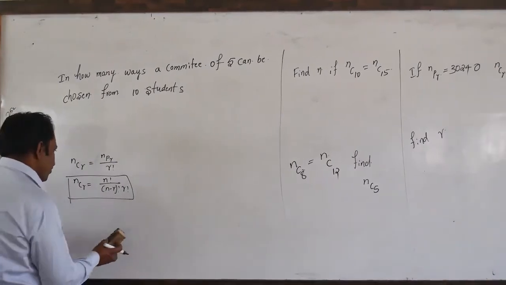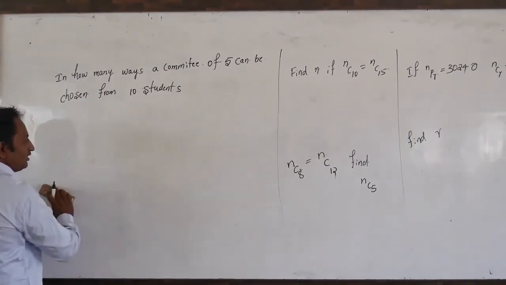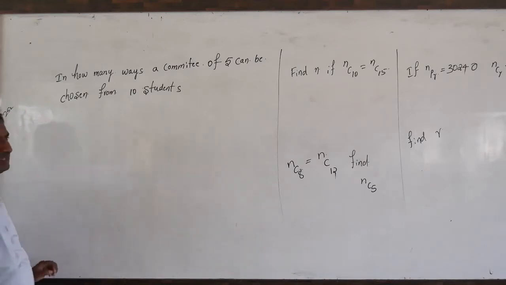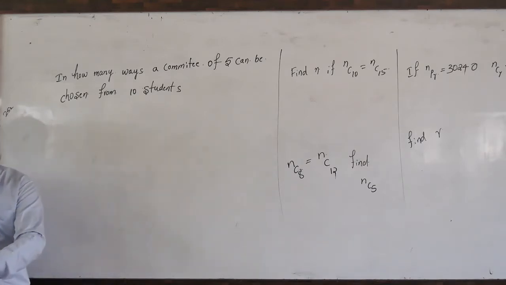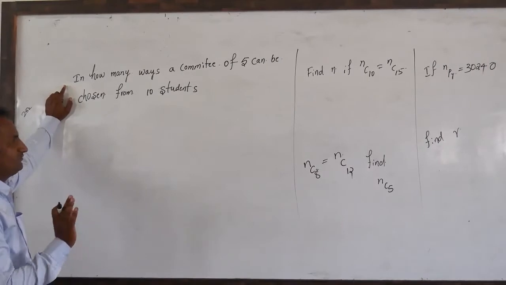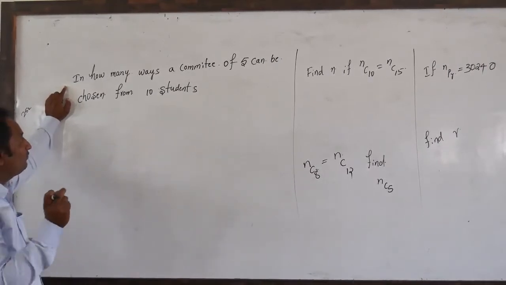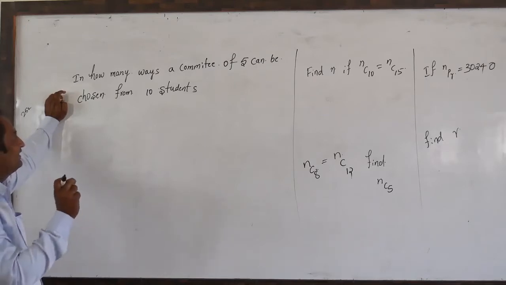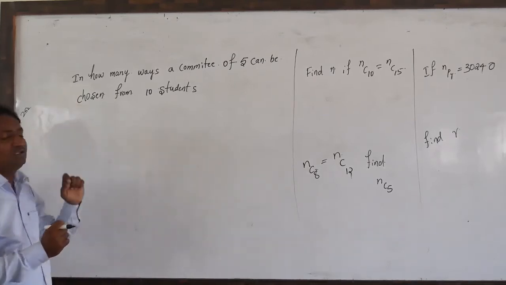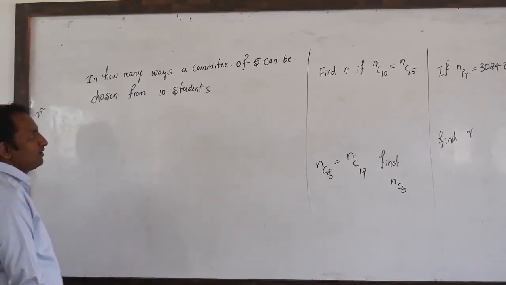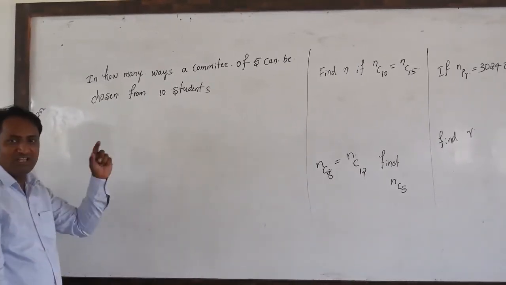On the basis of this concept, we go to different problems belonging to the combination section. First, we take this problem: in how many ways can a committee of 5 be chosen from 10 students? A committee of 5 students has to be chosen out of 10 students.